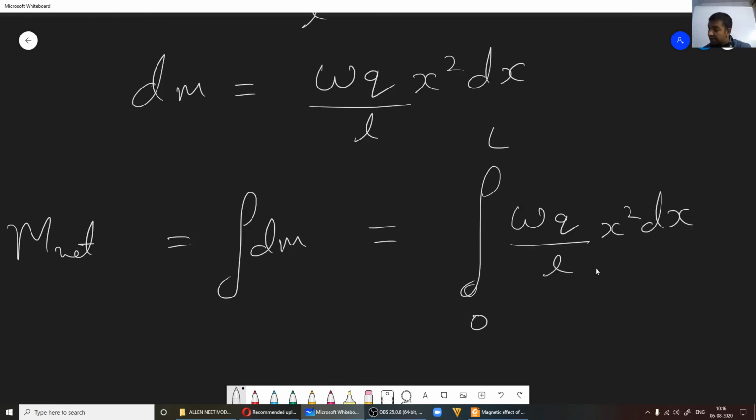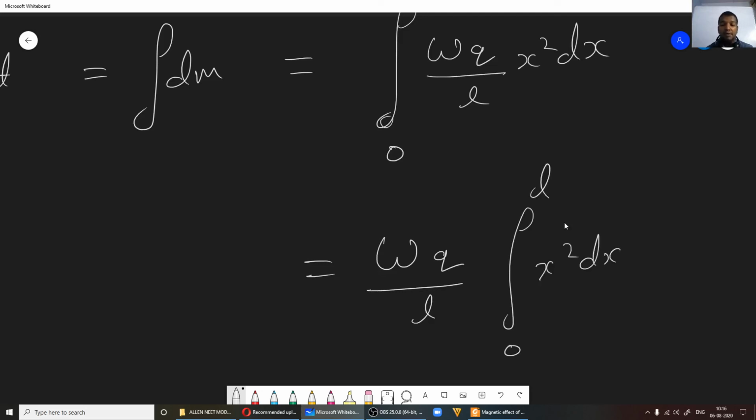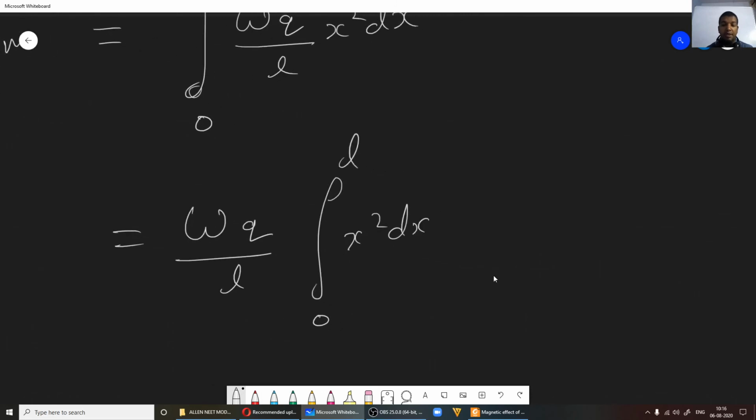This omega q, it will come outside, right? So you can say omega q divided by L into integration of x square dx between 0 to L, right? So finally we have omega q divided by L into L cube divided by 3. So one L and L will get cancelled here.